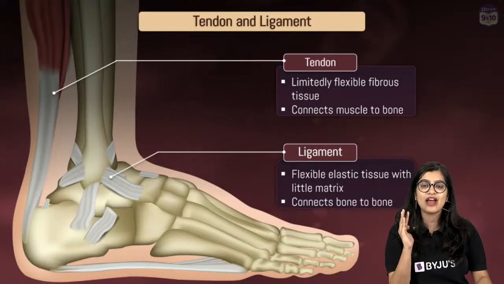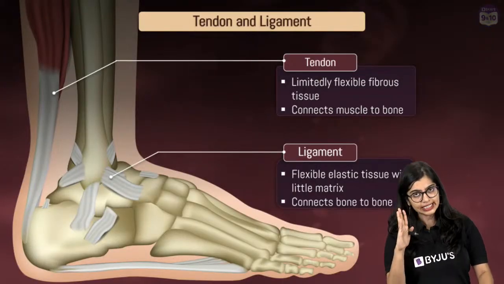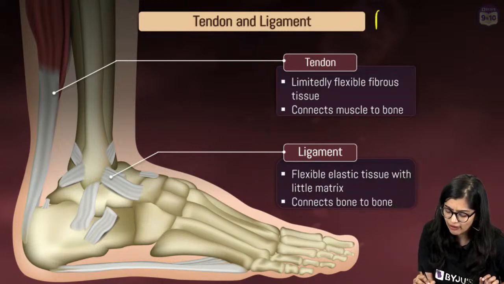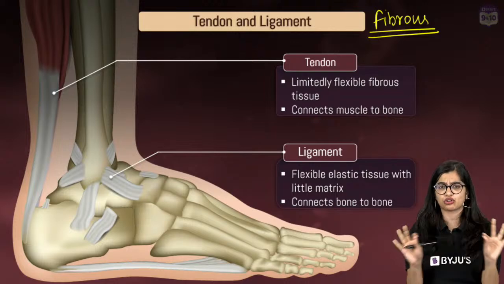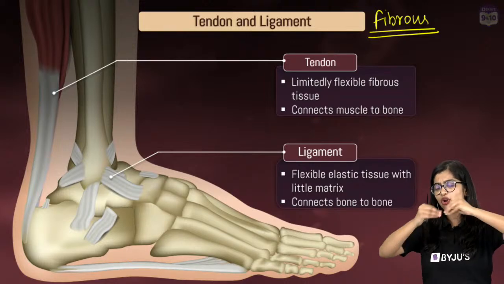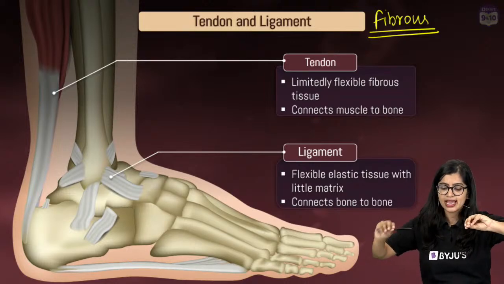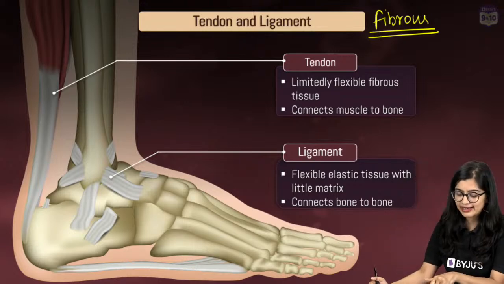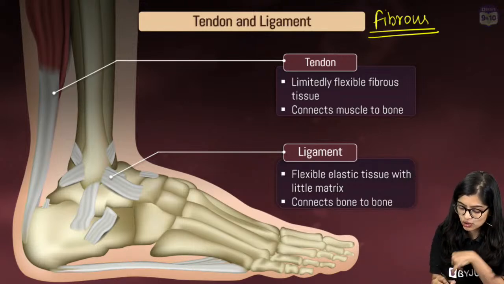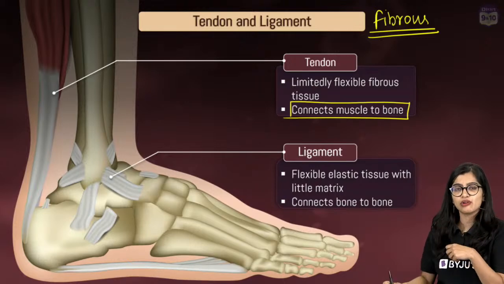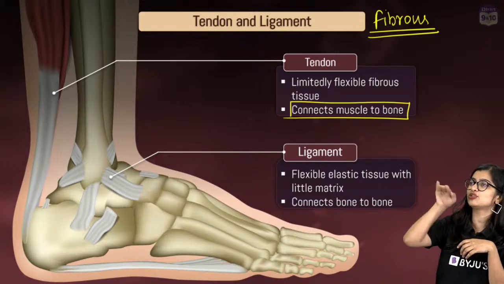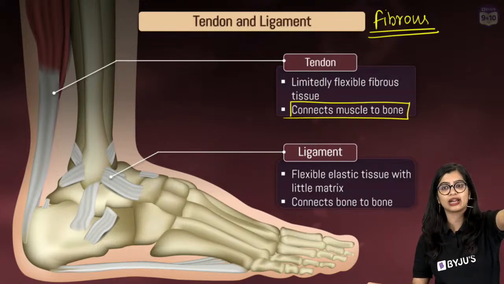Now next up you have tendon and ligament. Tendon and ligament are both fibrous, okay? They are made up of long fibrous structures like this, and it's very easy. Tendon is something that connects your muscles to your bones, right? Because your bones are involved in movement, but it cannot be that muscle is doing one movement and bone is doing another movement.